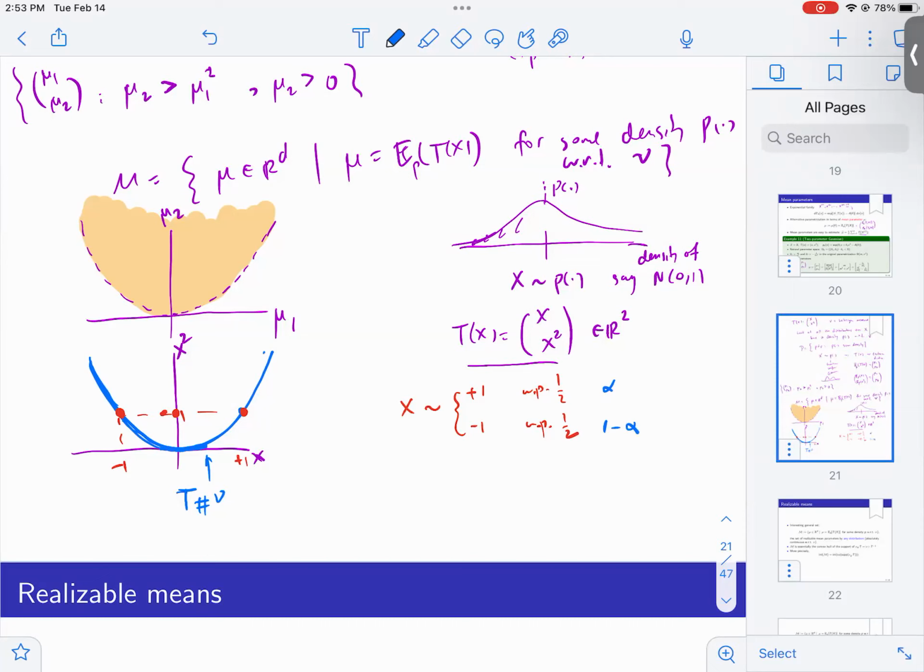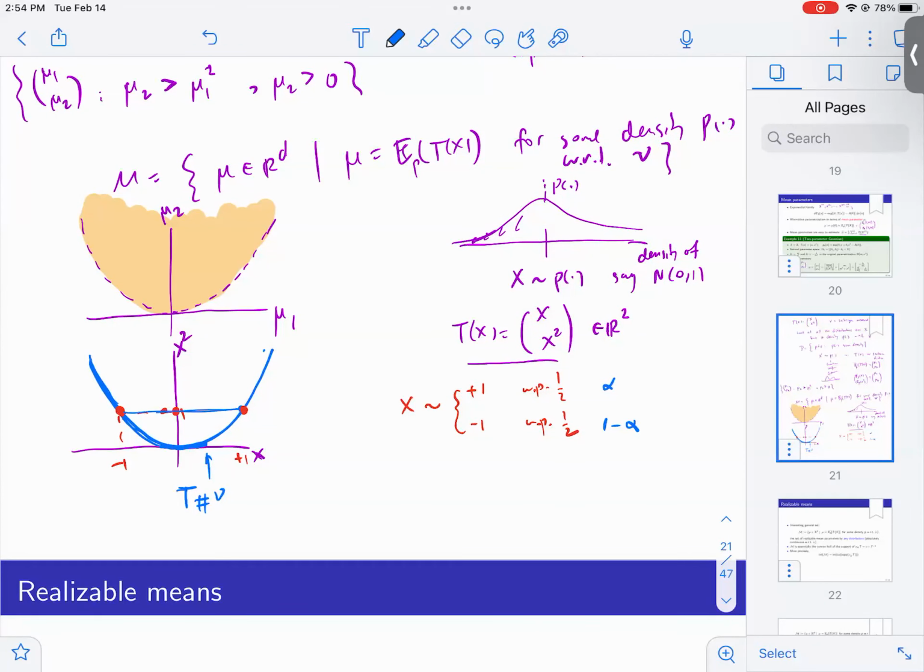So what kind of means can I realize with a convex combination of these 2 points? I can realize everything in between, right? So this distribution, if I put it here, first you can see it's not like the actual data. The mass is here, but the mean can realize anything in between.